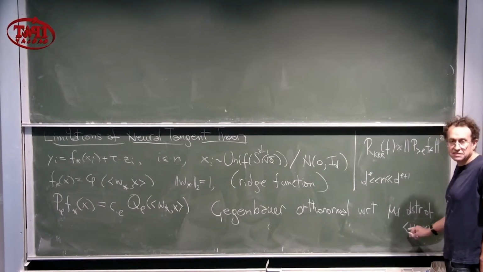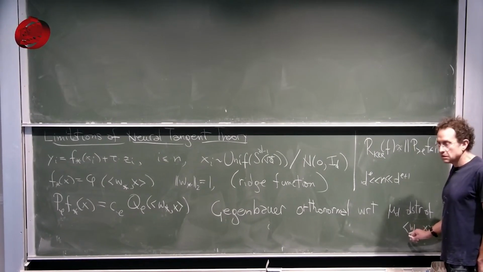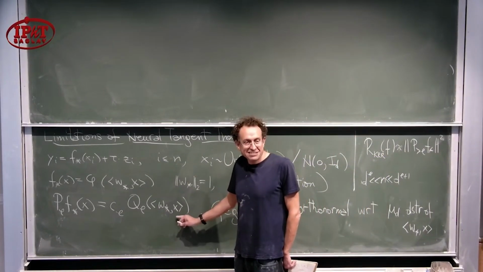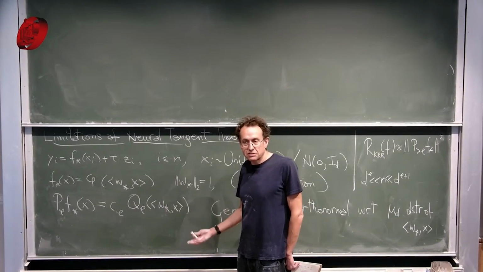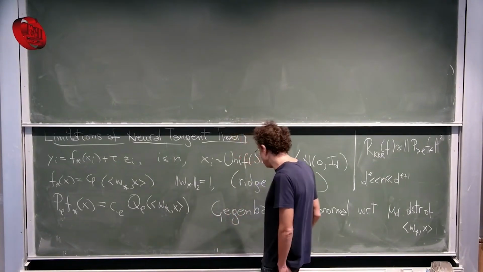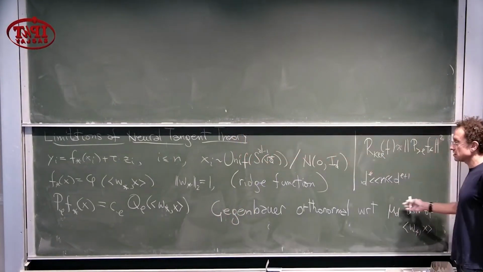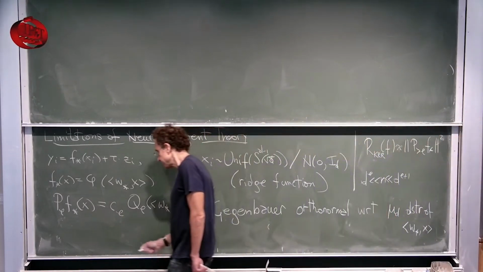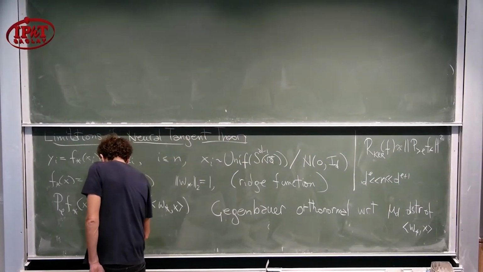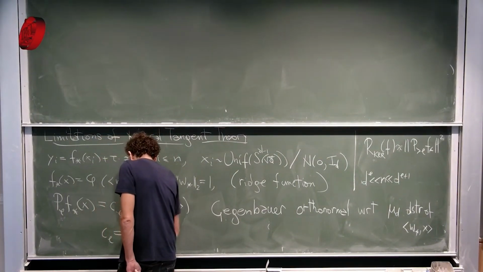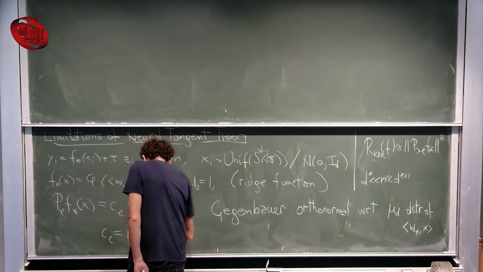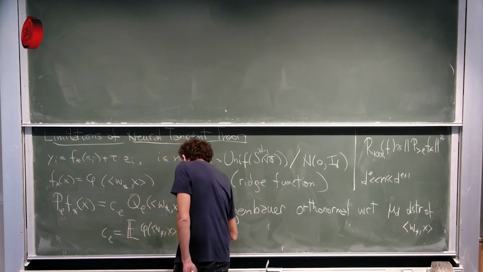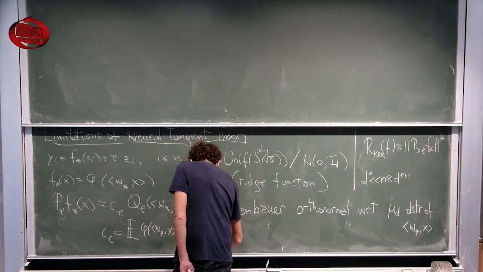Since the spherical harmonics of different degree must be orthogonal, they form a complete orthonormal set. So the coefficient c_l must be equal to the expectation of P of w star times x times Q_l of w star times x.